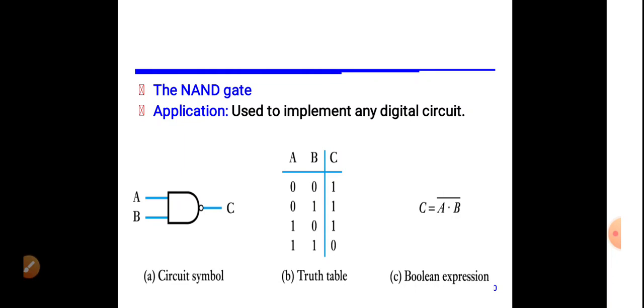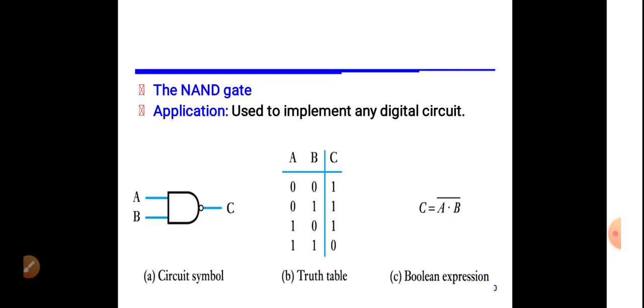Similarly for the second case, 0 dot 1 is also 0, but the complement of 0 is 1, so the output is 1. 1 dot 0 is 0, the complement of 0 is 1, so the output is 1. 1 dot 1 is 1, complement of 1 is 0.